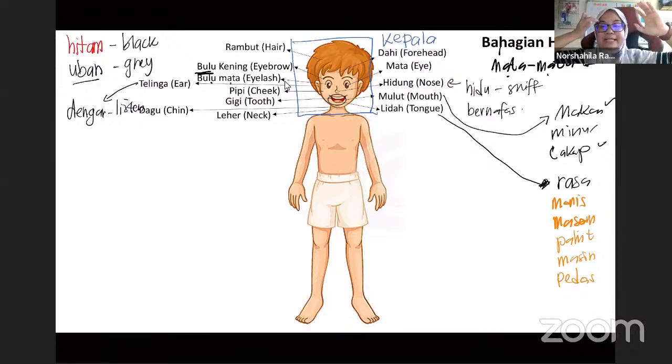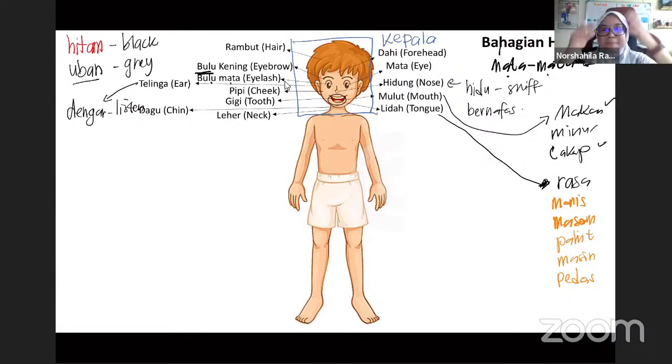In Malay culture, normally the kepala part is very, I think not only in Malay, maybe in Muslim Islamic culture also, it's very taboo, like going and hitting your friend's head. So the kepala part is something we need to honor.